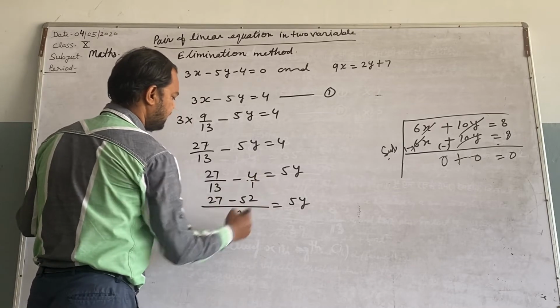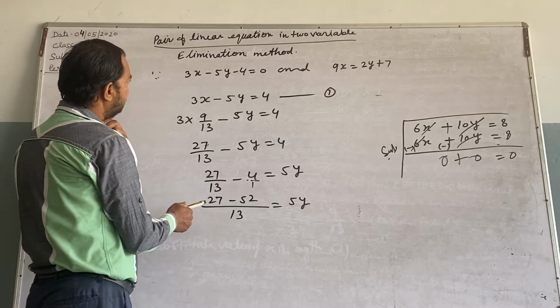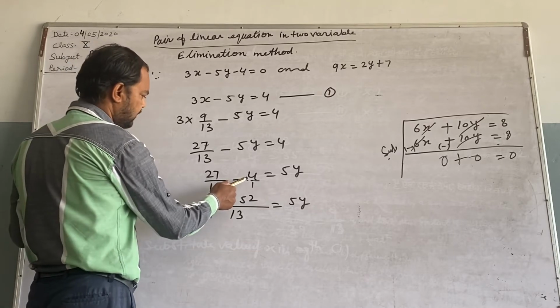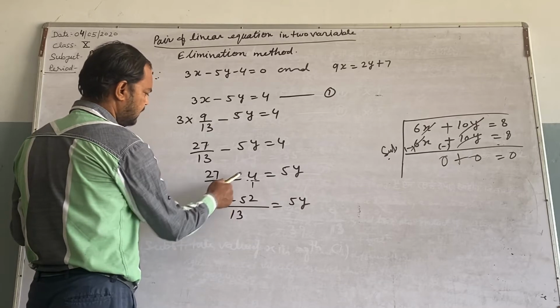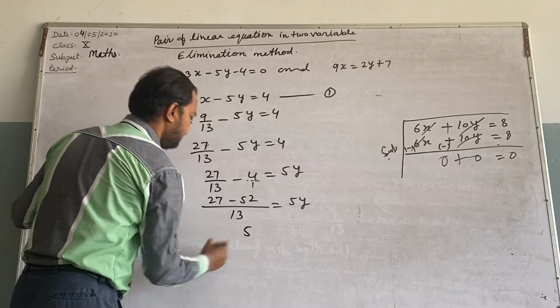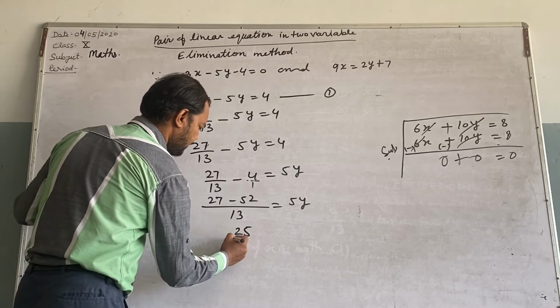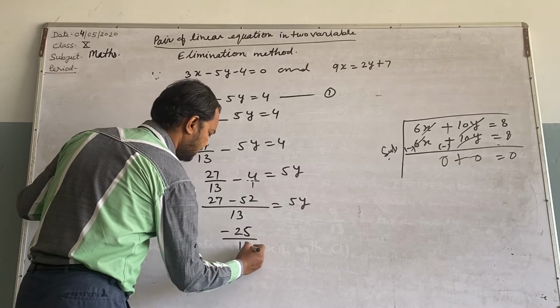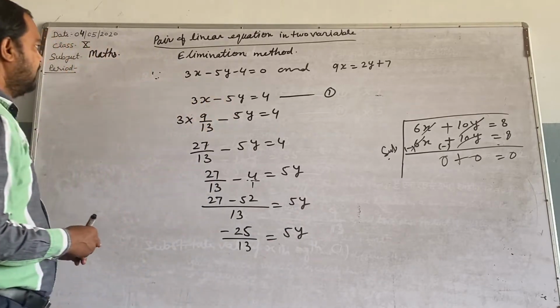We can write 4 as 4 upon 1, then 13 times 4 is 52, and 27 upon 13 stays the same. 27 minus 52 upon 13 equals 5y.